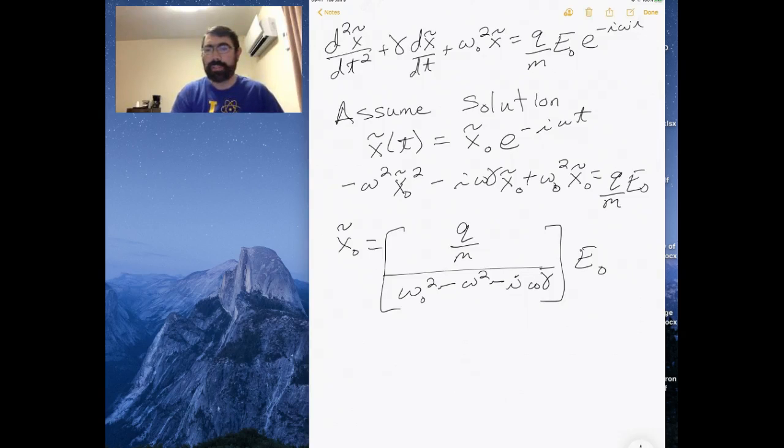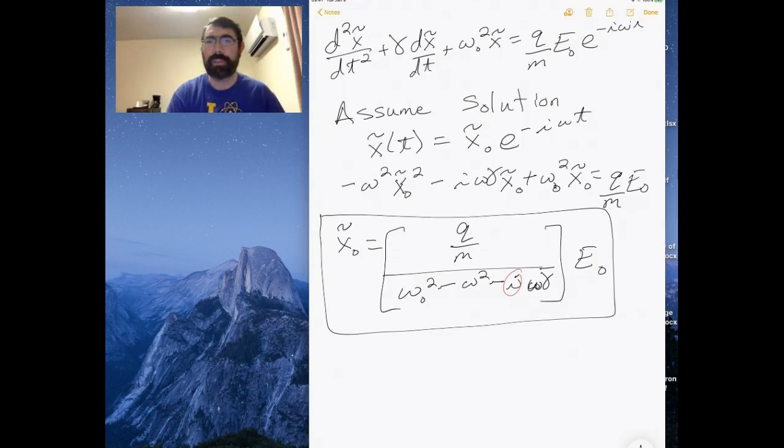So it is a complex number because you notice now I have an i down here. But we now have a solution for our function, which we can then plug in. So I'm going to stop here, and I will continue this discussion in the next lecture.